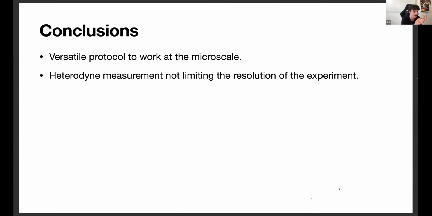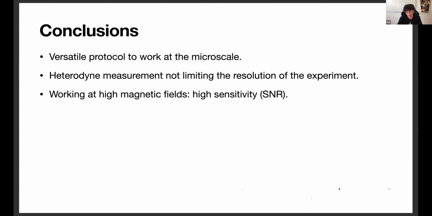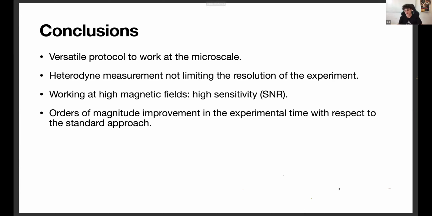We use a heterodyne-like measurement, meaning that the T2 of our NV ensemble does not affect the resolution of the signal in the end. It's a protocol that works at high magnetic field, so this even increases further the sensitivity or the signal-to-noise ratio. And in the last 2 slides, I presented our newest work, which is almost published, but not yet. We are still working on it.